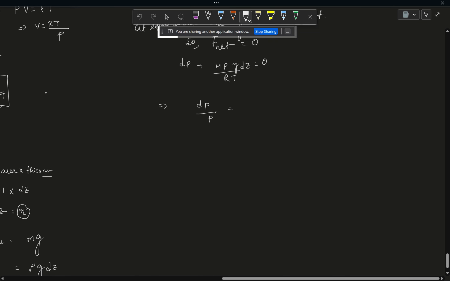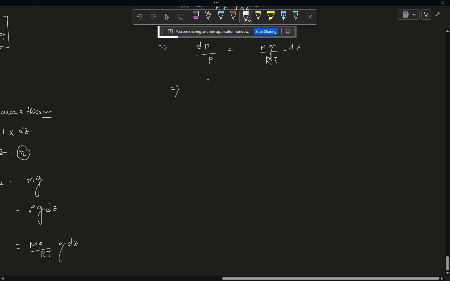So let us continue with the derivation. dp by p is basically minus Mg by RT dz. Then we have to take an integral to solve this.